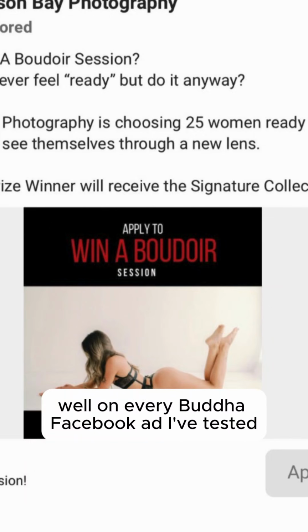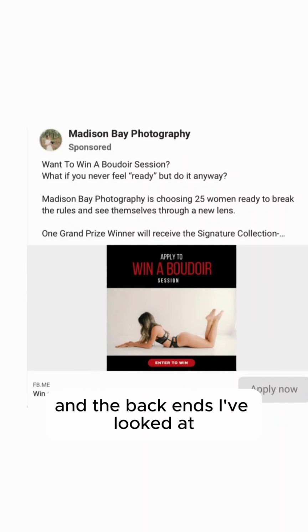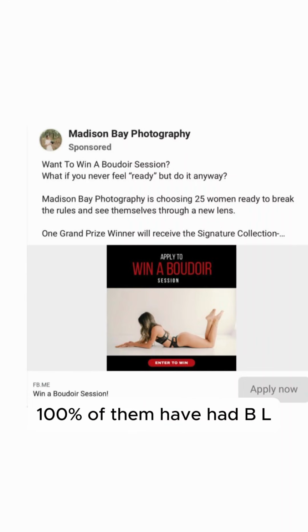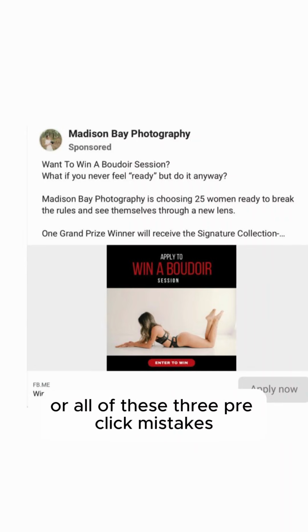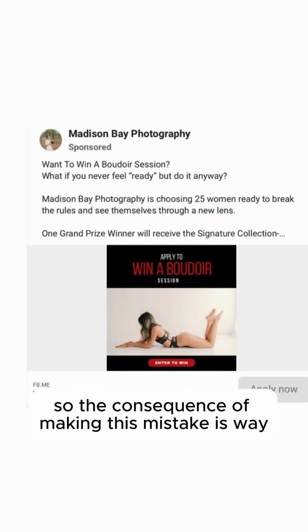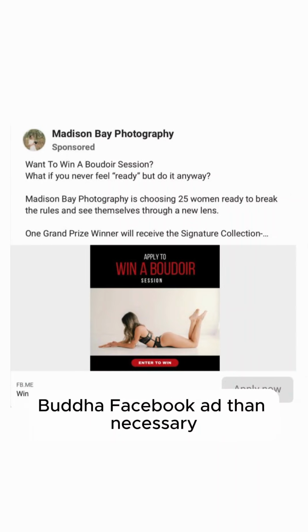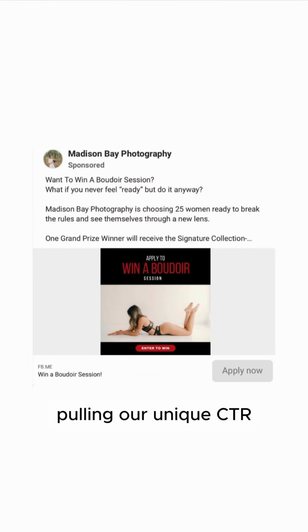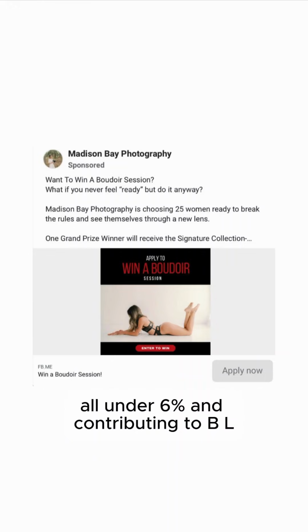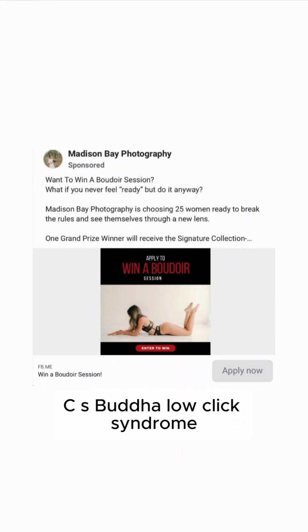Well, in every Boudoir Facebook ad I've tested and the backends I've looked at, 100% of them have had BLCS, Boudoir low click syndrome, because they're making some or all of these 3 pre-click mistakes. So the consequence of making this mistake is way more women scrolling by our Boudoir Facebook ad than necessary, pulling our unique CTR all under 6% and contributing to BLCS, Boudoir low click syndrome.